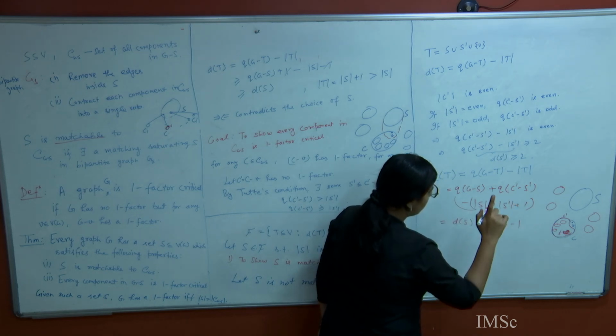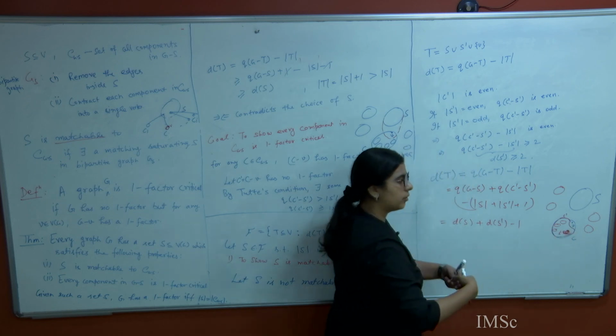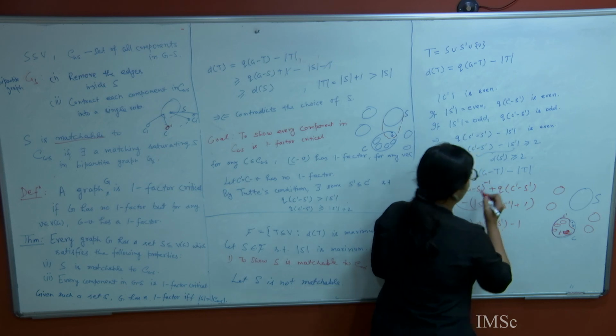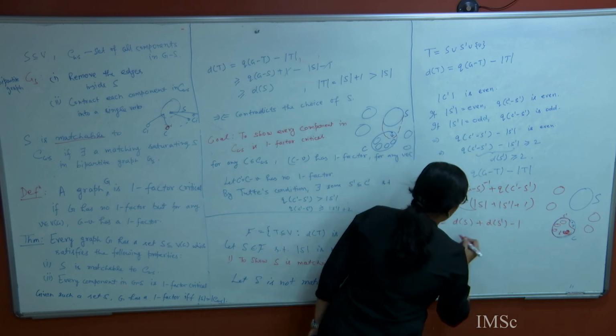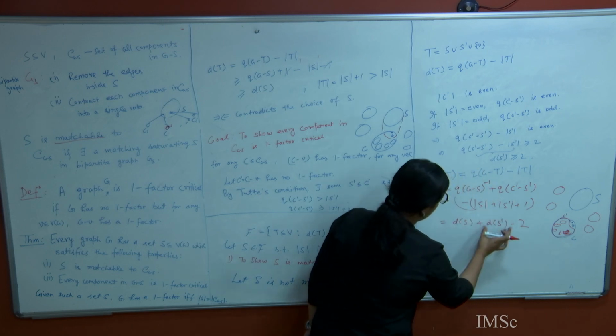Here also there will be one less, because this C, one odd component, I took, and from there I am doing something. So, Q(G minus S) minus 1 actually. So, this is minus 2 and this is d(S prime).